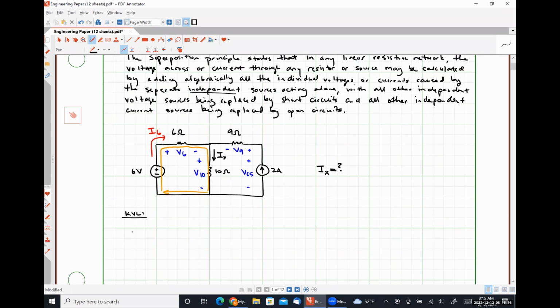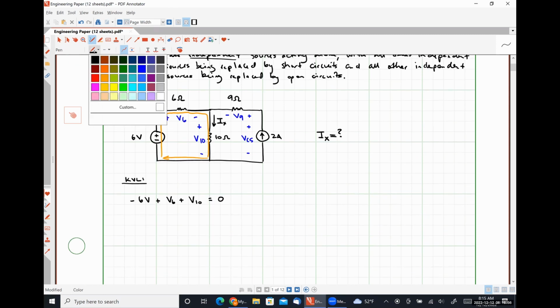That's going to look like -6 volts plus the voltage V6 plus the voltage V10 is equal to 0.